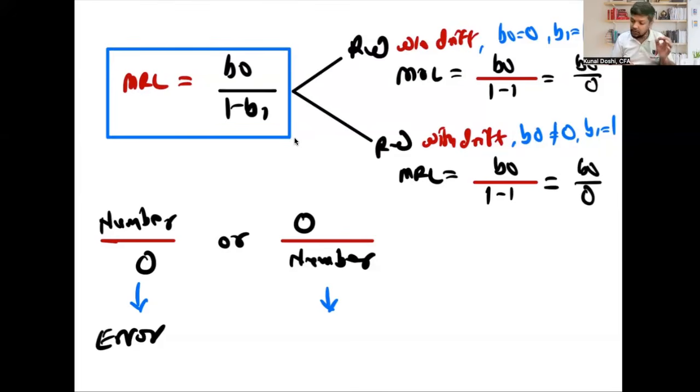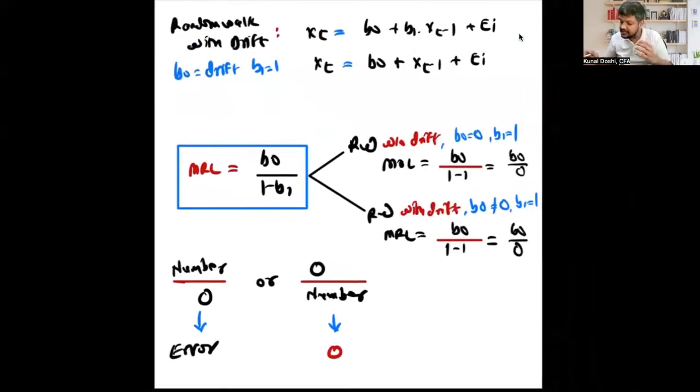But if you use 0 divided by 5, 0 divided by 1, 0 divided by 2, 0 divided by any finite number, then you will not get error. Have you tried it? Can you tell me what you get? 0 divided by any number will result in 0.